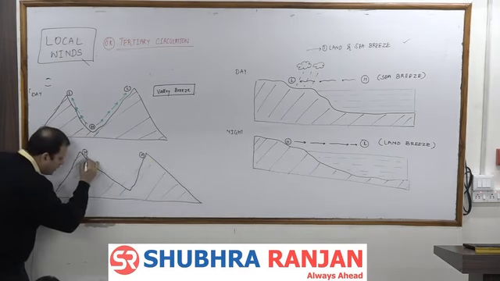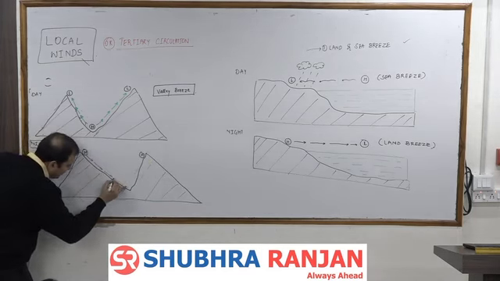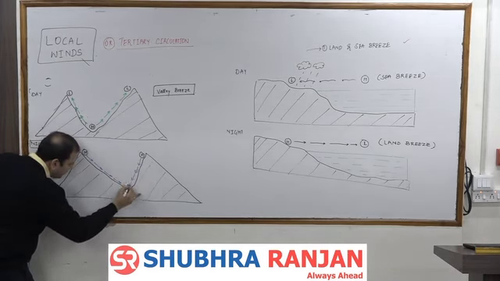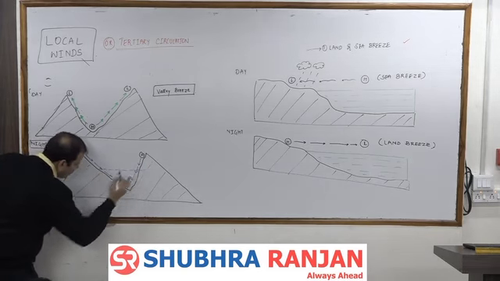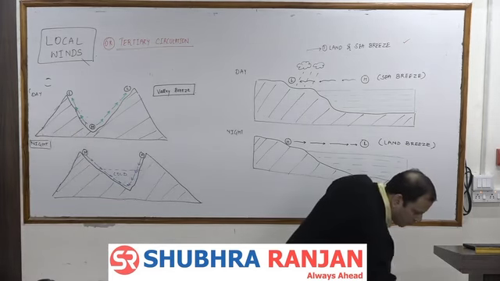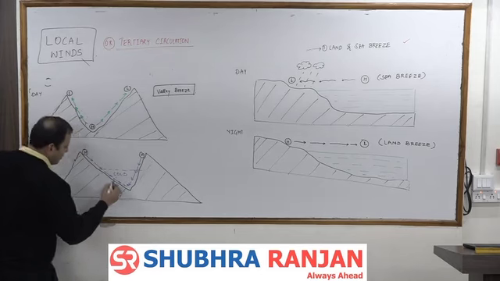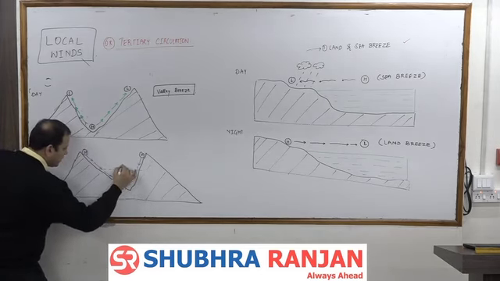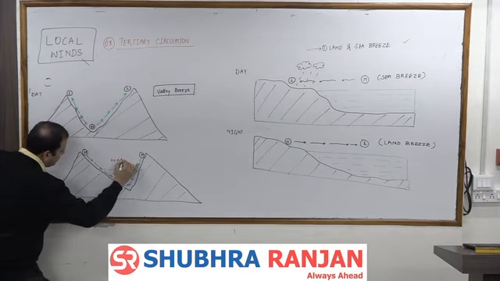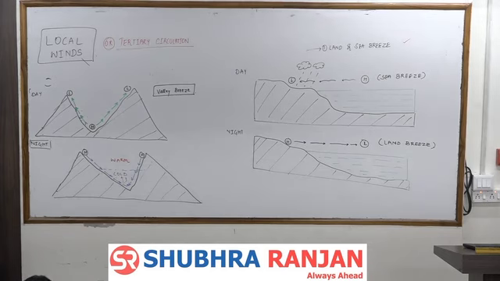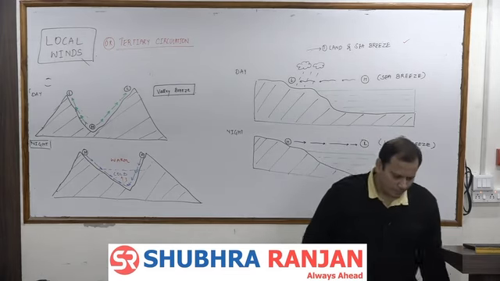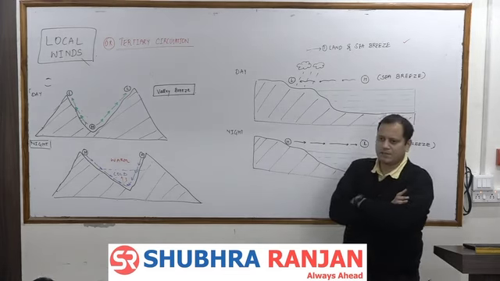Hence the cold denser air moves down the slope, pushing the warm air upwards, causing temperature inversion.